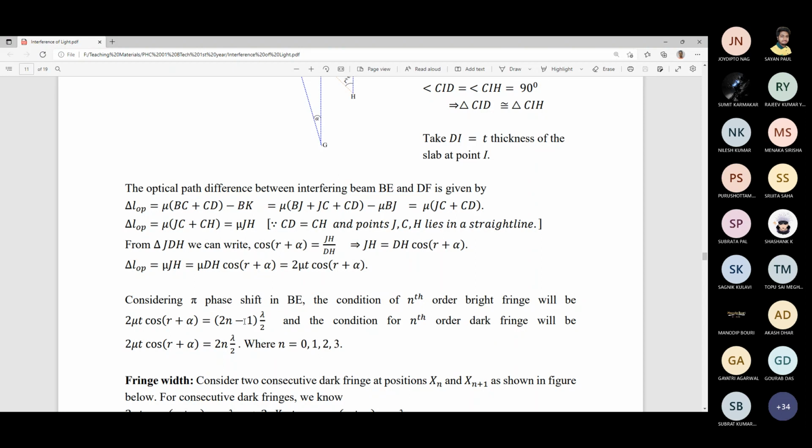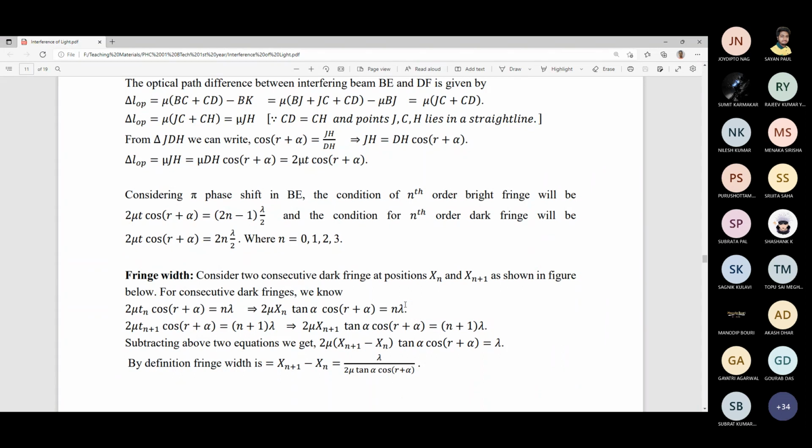This can be considered as a plus sign; it needs a correction. Okay. So the condition of maxima is twice mu t cos(r plus alpha) equal to (2n plus 1) lambda by 2, and the condition of minima is twice mu t cos(r plus alpha) equal to n lambda, where n equals 0, 1, 2, 3, and so on.